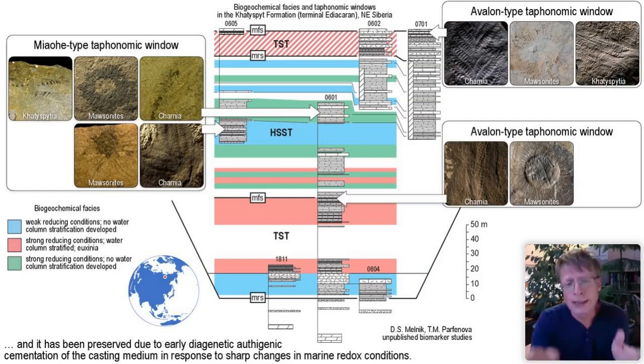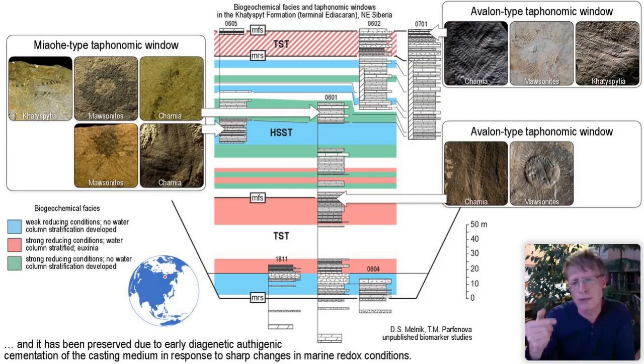And all I'm trying to say is that the entire Khatyspyt formation is represented by the same type of Ediacaran fossils. However, they are preserved only in those parts of the section that are marked by sudden changes in the redox environment.